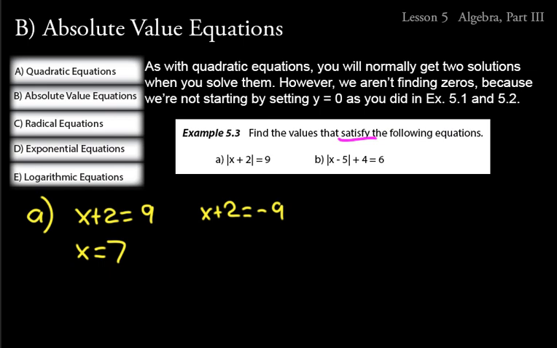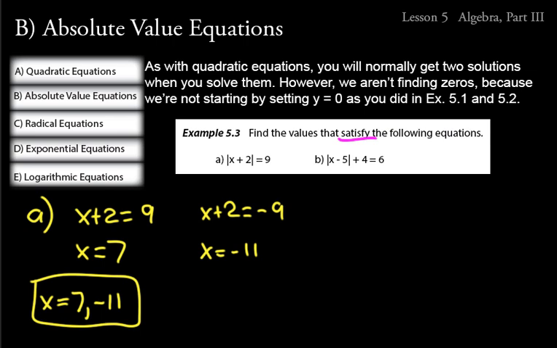On the right, we'd subtract and get x equals minus 11. Both of those values, 7 comma minus 11, those are the two solutions there. That would make the left side equal 9. A minus 11 plus 2 is minus 9. Absolute value, that is 9. 7 plus 2, absolute value, that is 9.